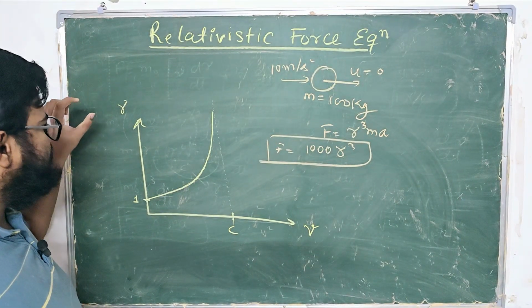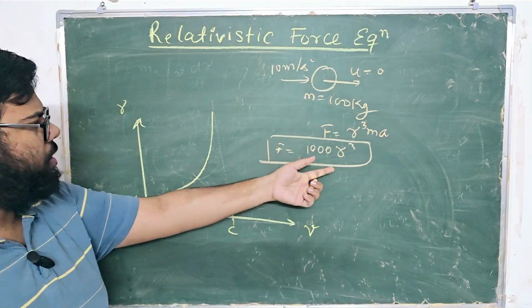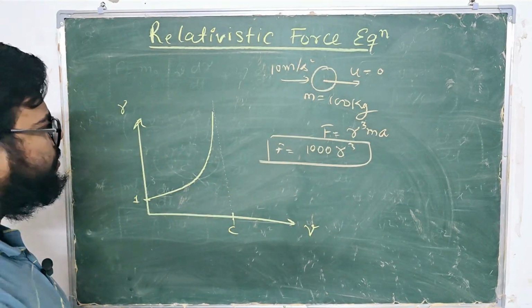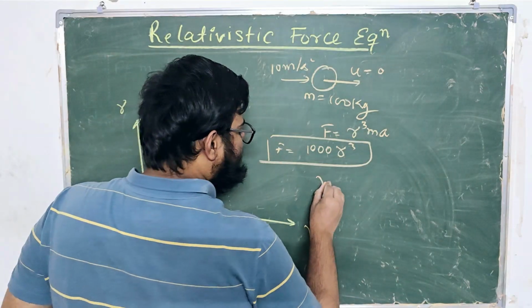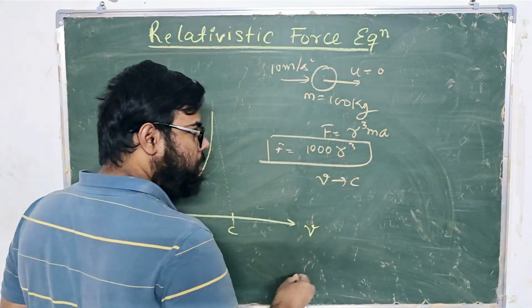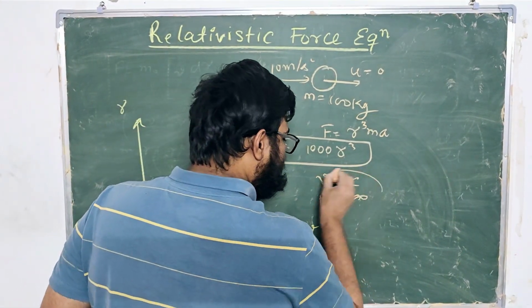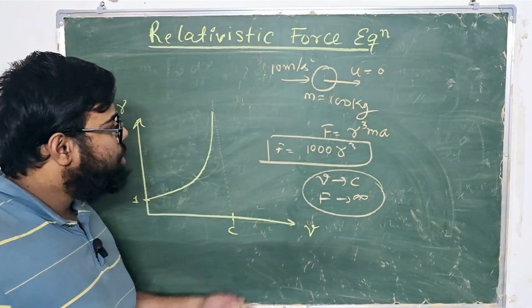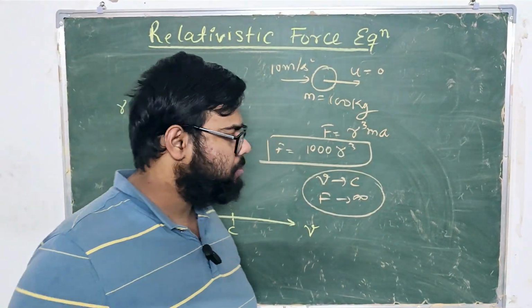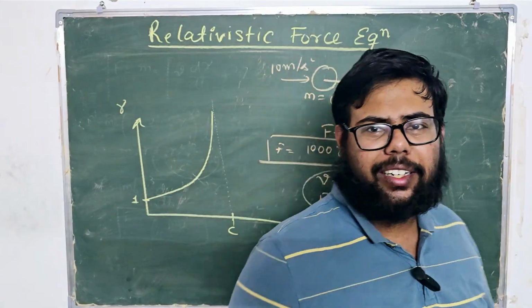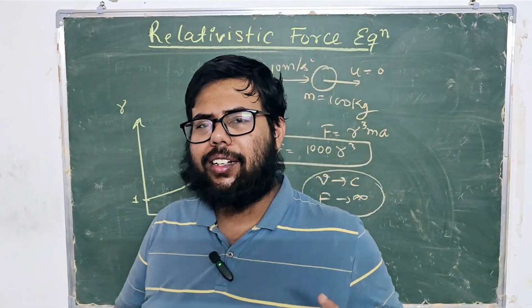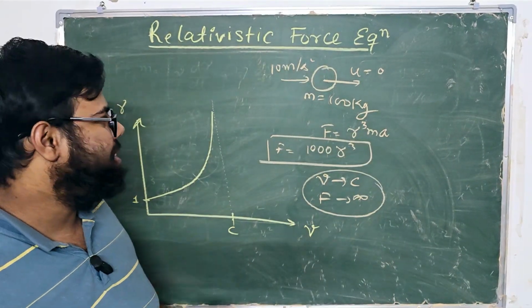And a similar graph will be for gamma cube also, right? So it means that when velocity is tending towards the speed of light, force is tending towards infinity. You will require an infinite force to reach that speed, the speed of light. And now it's well inside the framework of our universe.